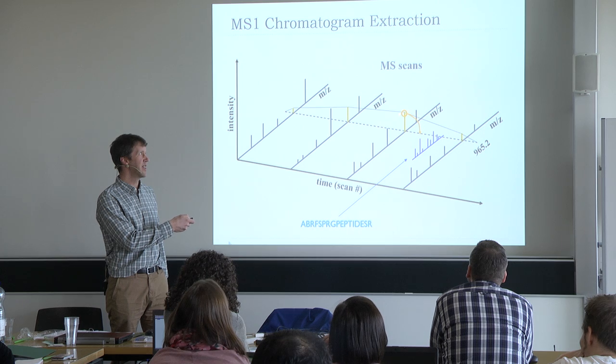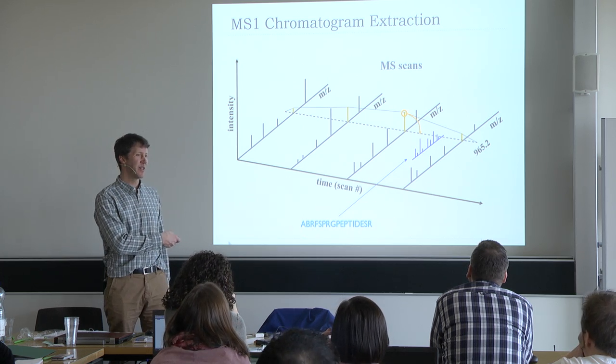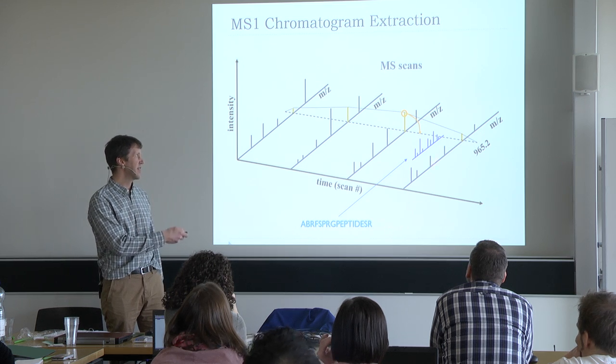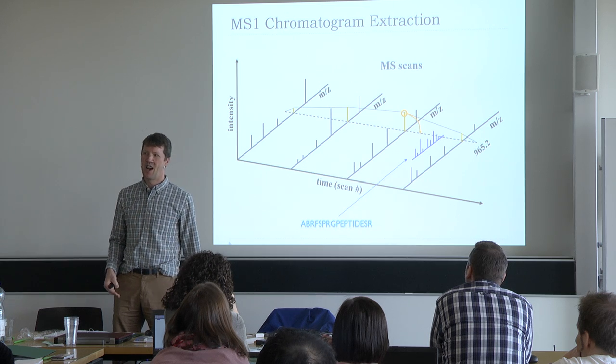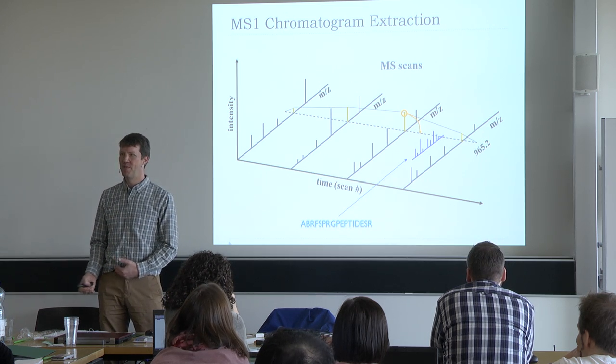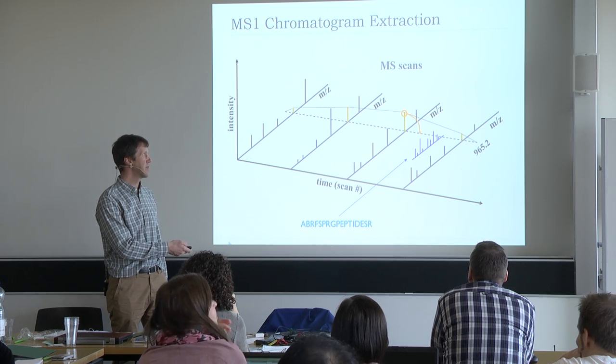So if I selected this peak and took a spectrum from it, and then my search engine said, oh, that spectrum is this, we use those matches to qualify these peaks and give us added confidence that they are actually measuring our peptides of interest.